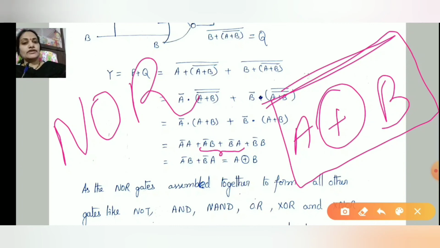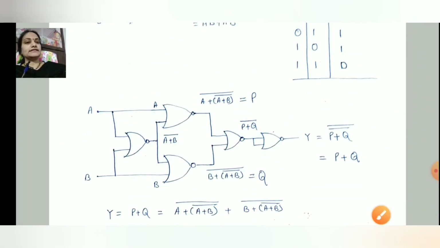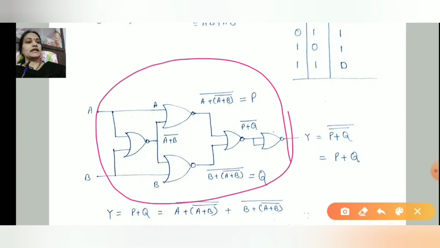But we didn't use an XOR gate. What does it indicate? It indicates that the XOR operation can be performed by NOR gates, by making the connections like this.